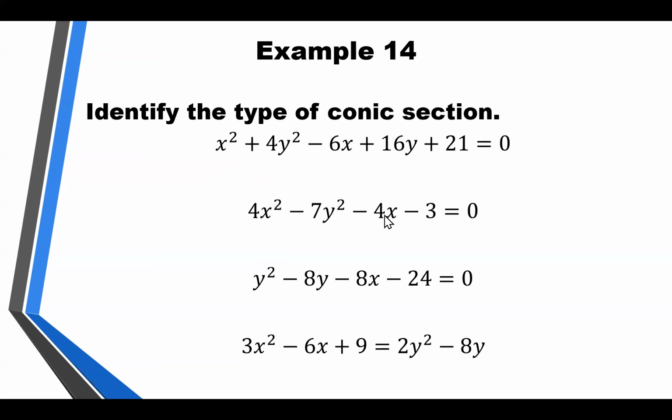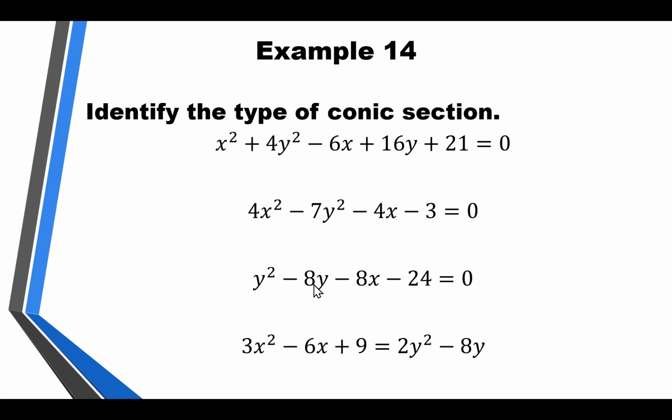The second equation, well, the x squared and y squared terms are on the same side. One coefficient is positive, one coefficient is negative. Since they're on the same side of the equation, that means this equation is giving me a hyperbola.